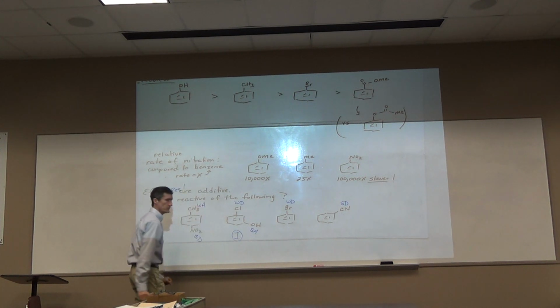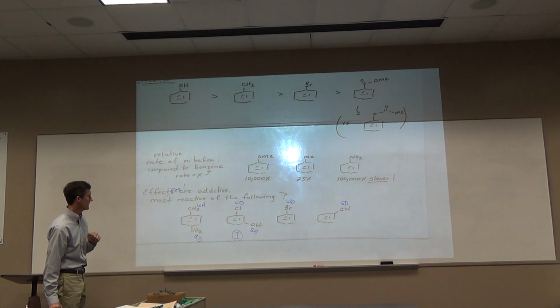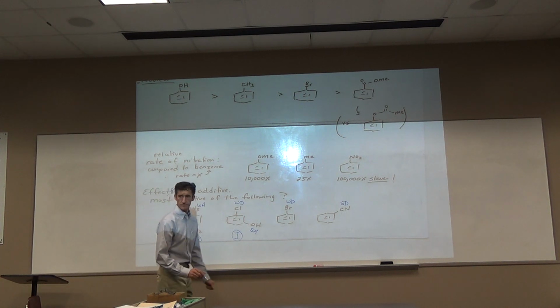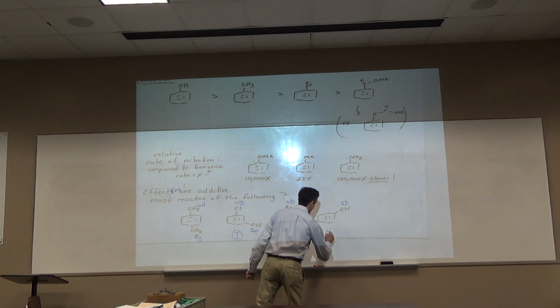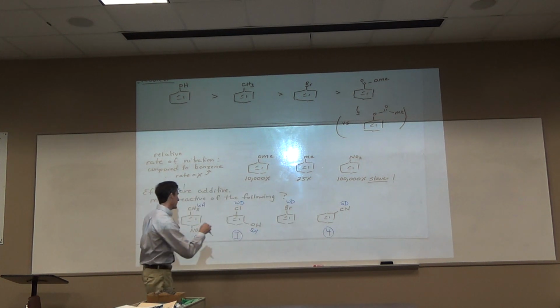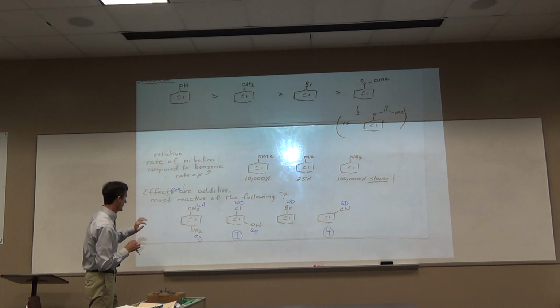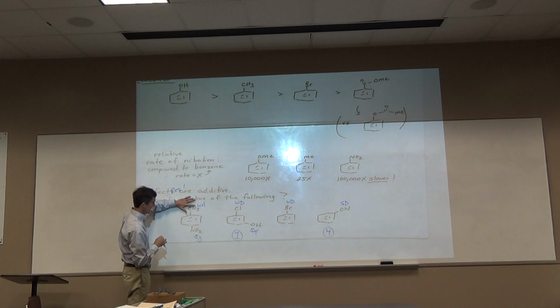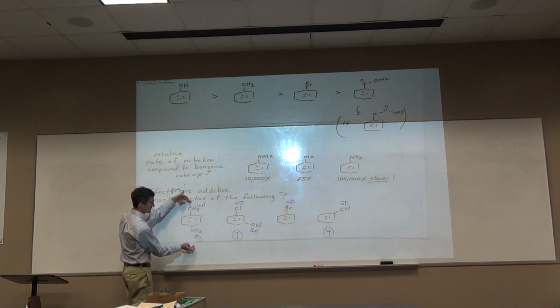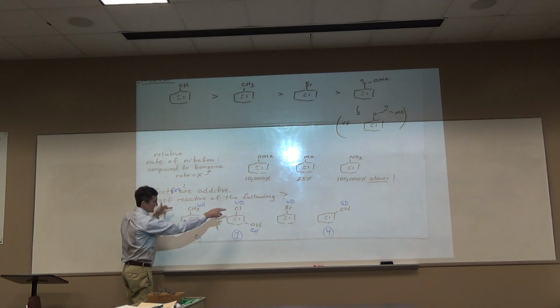Can we rank these from what would be next? It may be a little bit difficult. Or which one is the most deactivated? These two may be difficult. What do we got? A weak deactivator. You see, you've got two extremes here, and then one that's kind of in between.